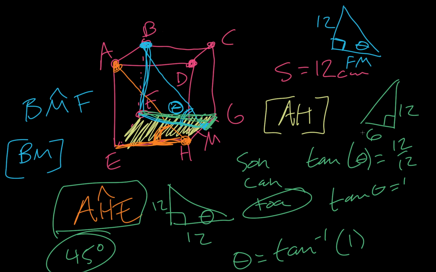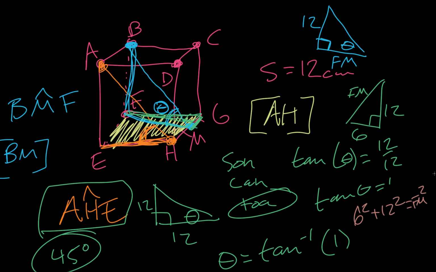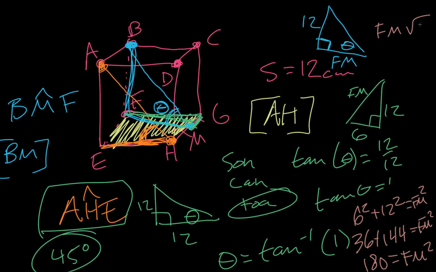So we can use the Pythagorean Theorem to find FM, which is the hypotenuse in that triangle. 6 squared plus 12 squared equals FM squared. So 36 plus 144 equals FM squared, that makes it 180 equals FM squared. And so FM is the square root of 180.